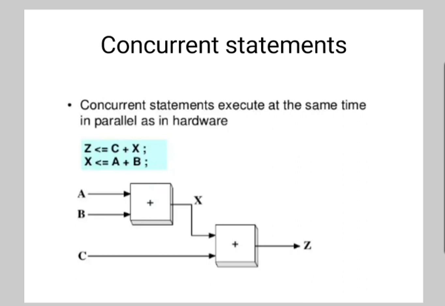The concurrent statements in a design execute simultaneously. The functionality of a design in VHDL is defined by a set of concurrent statements. These statements are similar to hardware because many of these statements can be active at the same time.